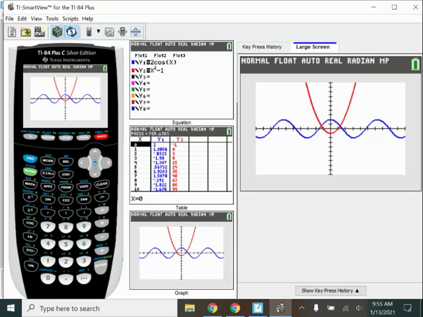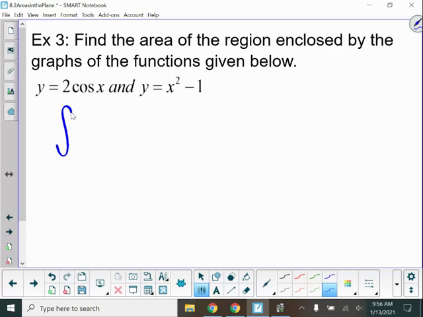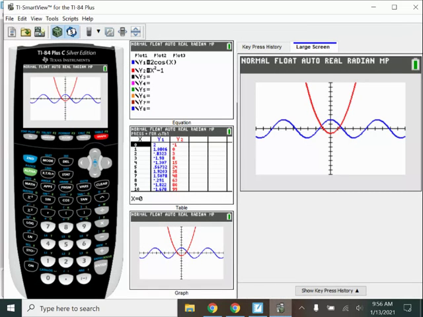So I do know that whenever I set up this integral, the cosine is going to have to be on top, and then the quadratic has to be on the bottom. Now, the other issue is, where do these lines intersect? We are going to have to calculate that.